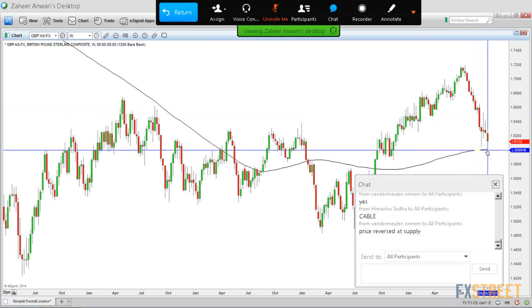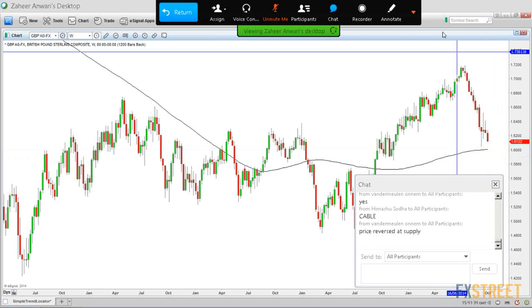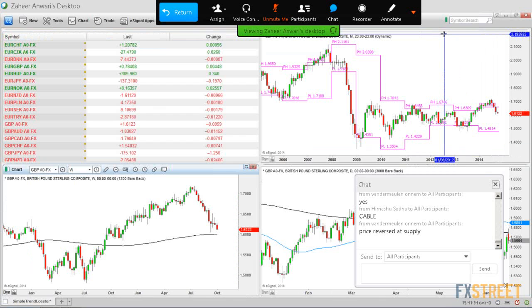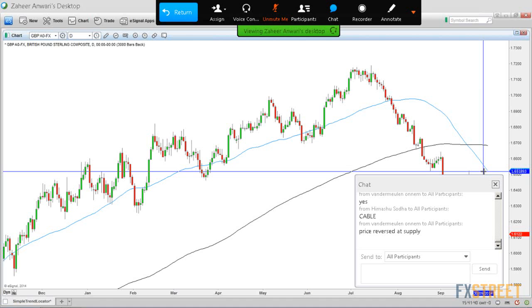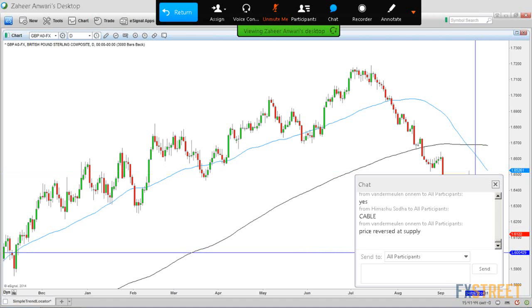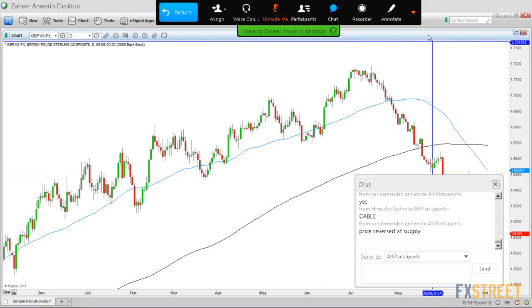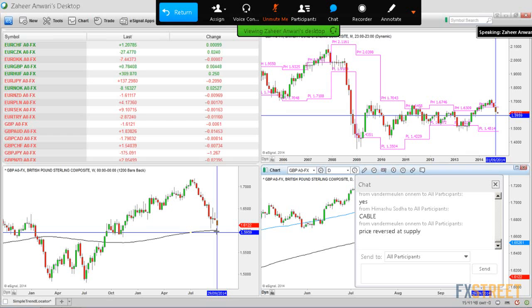If price breaks below the weekly 200 moving average, then that will mean that we have a bearish bias on the weekly chart. So we can start potentially looking for shorting opportunities. If we go to the daily time frame, we are actually below the daily 200 moving average, and the 50 moving average has crossed below. So if price breaks this pivot and the figure 1.6 and the weekly 200 moving average, then potentially we can start looking for shorting opportunities.